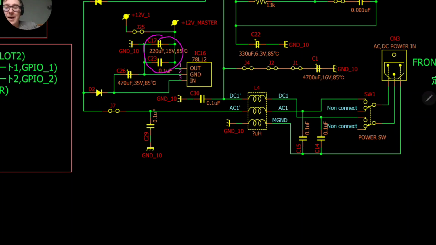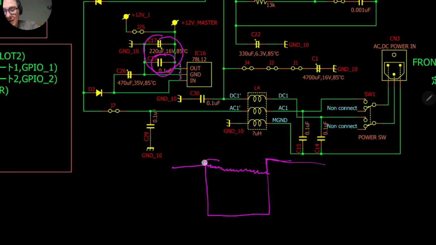The reason is that this capacitor in here, the small one, is used to filter high frequencies. So again, when you have your signal like this with a drop, your capacitor will discharge like this, and then will charge again.